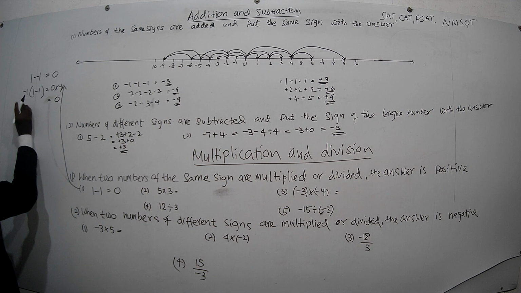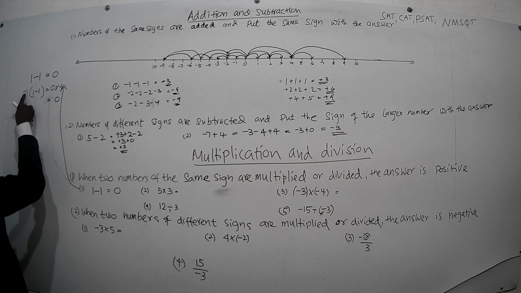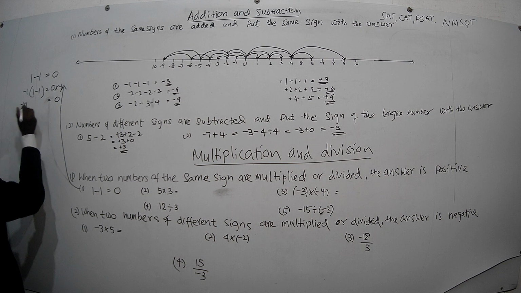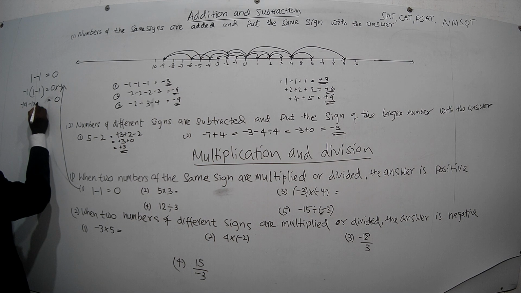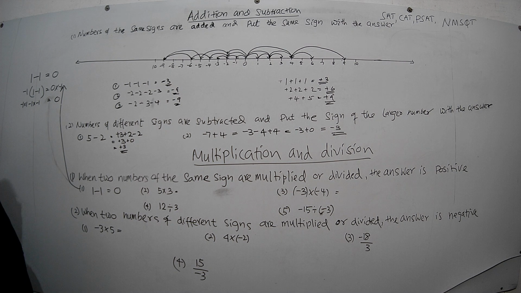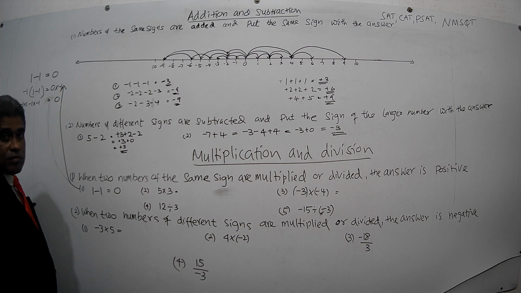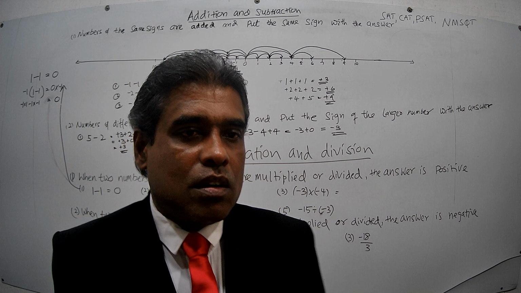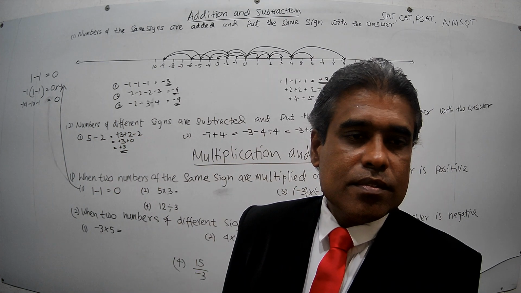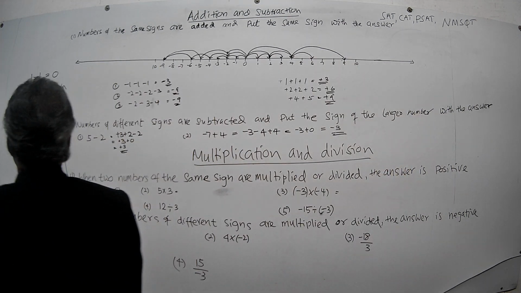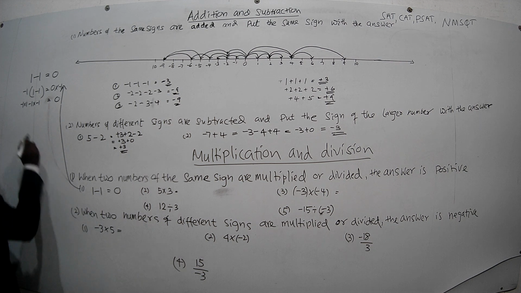Then here we can write, removing brackets, brackets means multiplication, minus 1 into 1. Another one, this one, minus 1 into minus 1. Right? You can see. No?